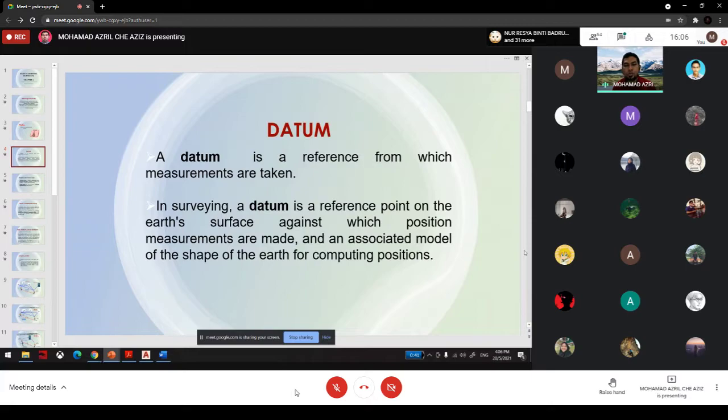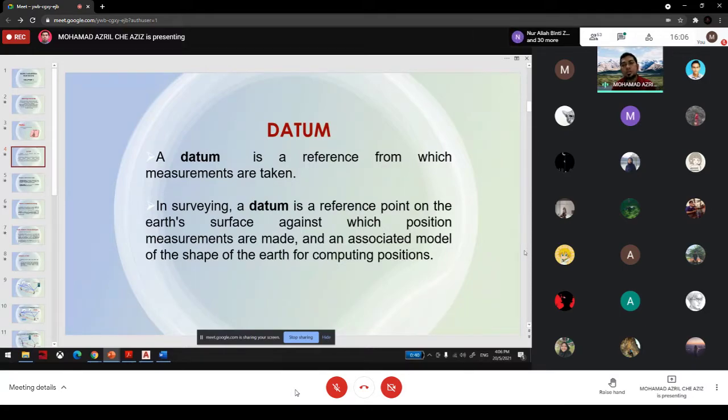Okay, so based on the orientation. If you do not have a datum, meaning you assume. Imagine you go to the site and you assume 0, even though that direction you can set as 120 degrees.